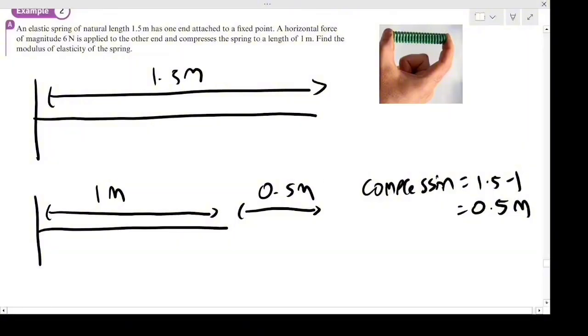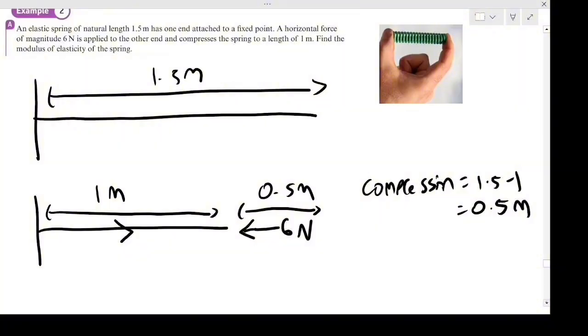Now in terms of forces, it's being compressed by this force of 6. So there's going to be a force pressing into the spring. That force is 6, and it's going to act to the left, to go into the spring, which means to oppose it, the force in the spring acts to the right.